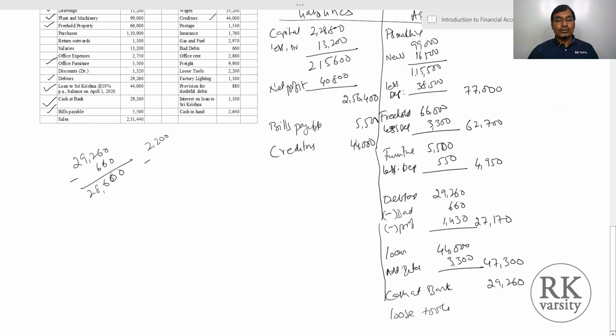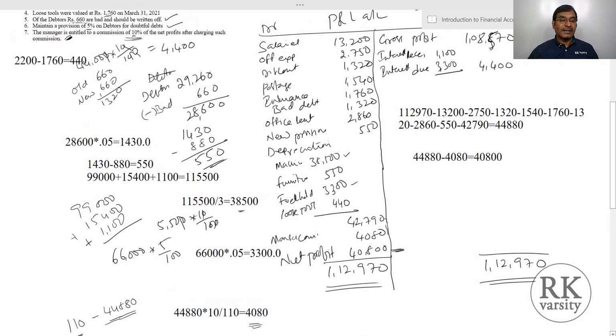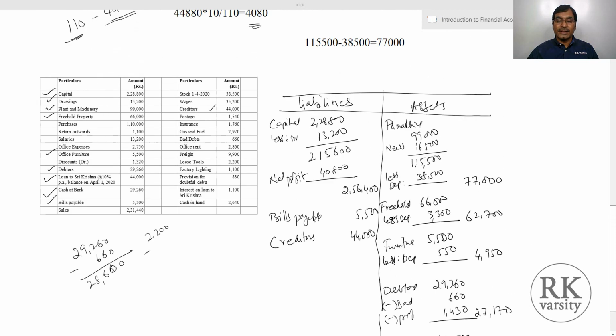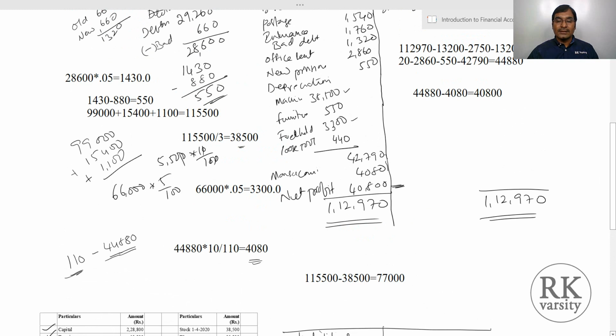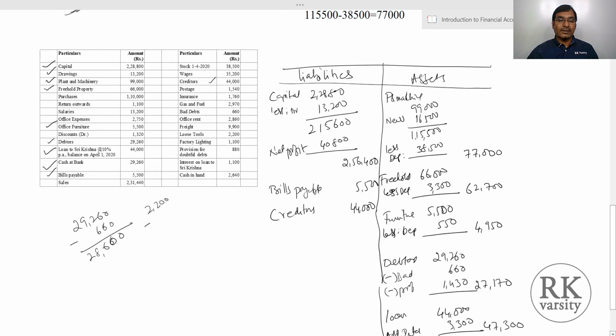Loose tools, this is 2,200 and whereas it is valued as 1,760. So the difference between these two is your depreciation. How much depreciation is this? Loose tools 2,200 less depreciation 440. So this is 1,760.